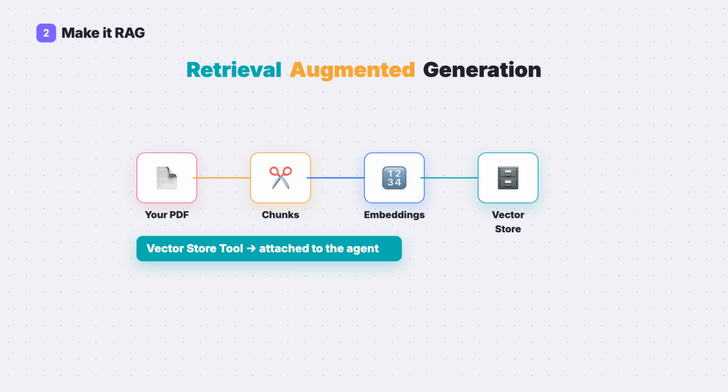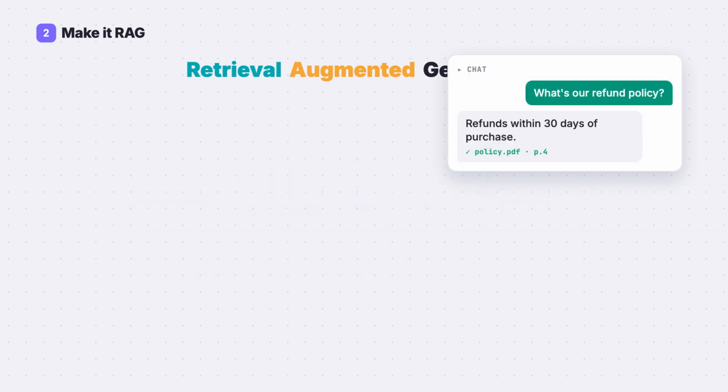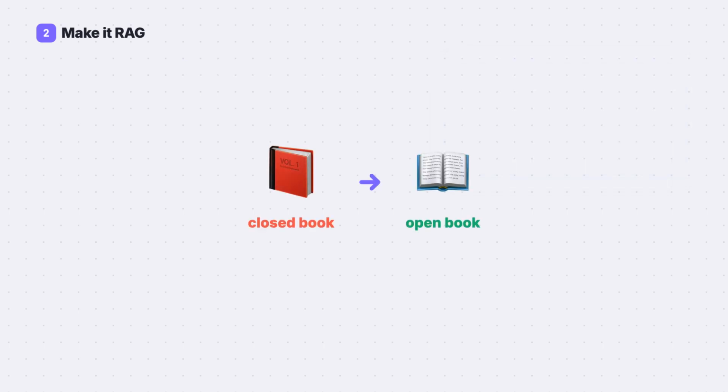Second, add the vector store tool as a subnode on the agent, and point it at that same store. Third, test. Same company question, but now the agent searches your store, pulls the matching chunks, and answers from them with the source. No more hallucination. That closed book AI just became open book.